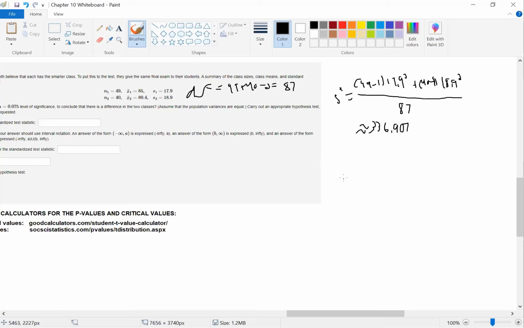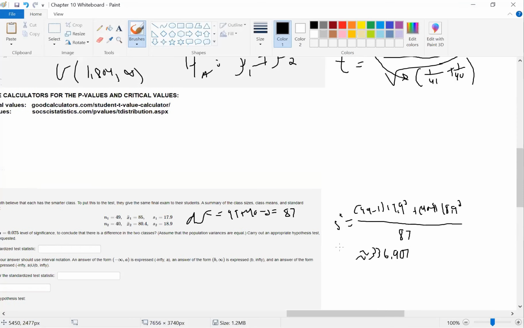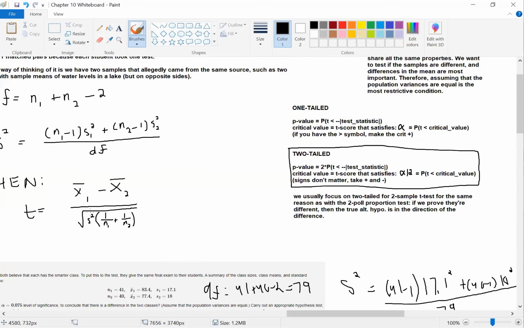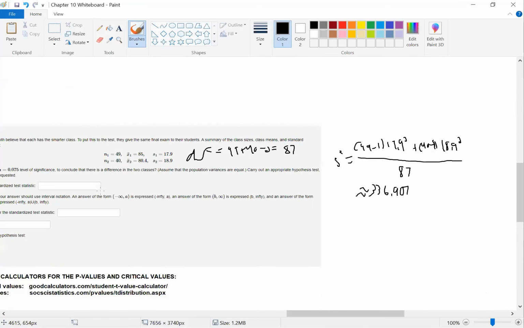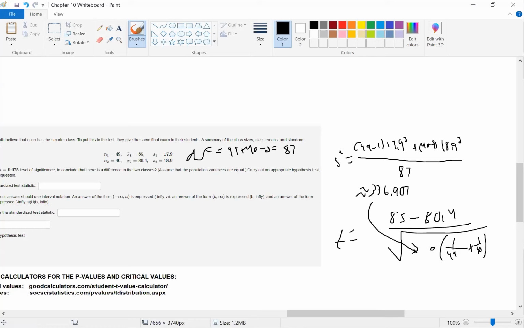Now we are ready to go. Our t-score is the difference of the two x bars over the square root of s squared times 1 over n1 plus 1 over n2. So our t is 85 minus 80.4 over the square root of this times 1 over 49 plus 1 over 40.